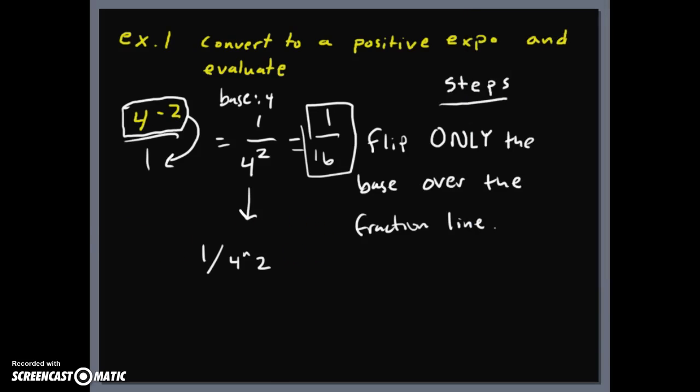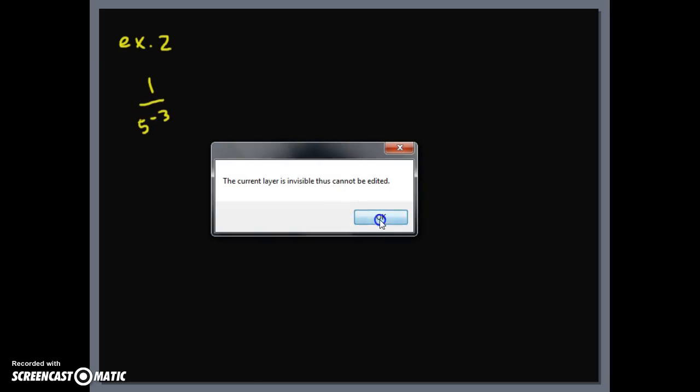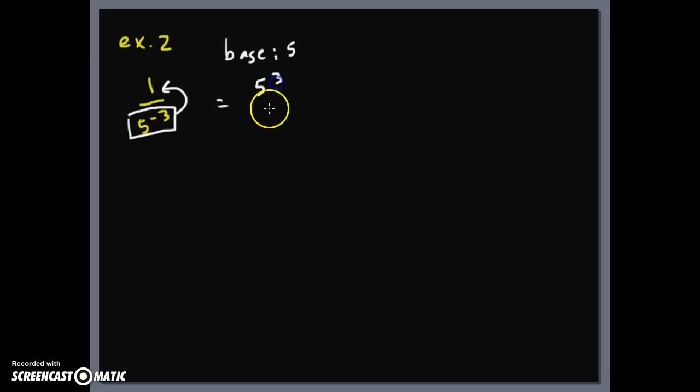Let's go ahead and go into example number 2. So here we have our negative exponent, and our base is a positive 5. Right now it is in the denominator with a negative exponent. To convert it to a positive, we have to flip it to the numerator. What we get is a positive 5 over 3.